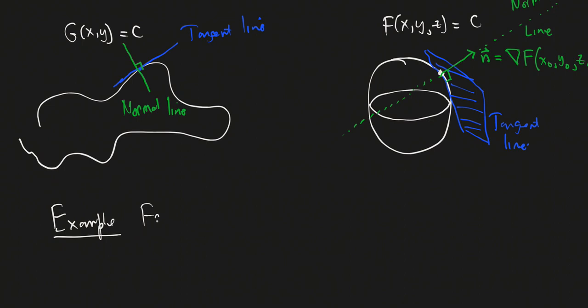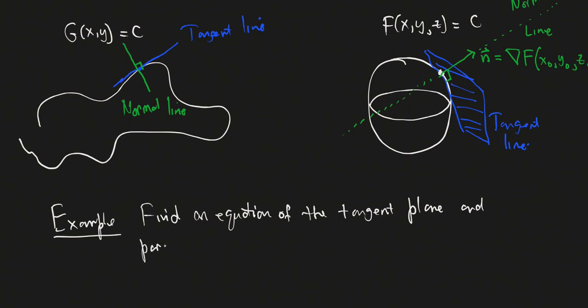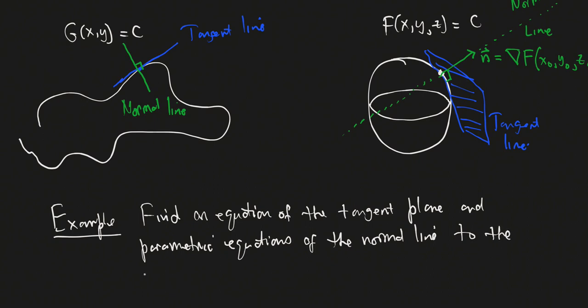And let's say find an equation of the tangent plane and parametric equations of the normal line to the surface, and let's say this surface is z equals, let's take something fairly simple, like x squared y, and then we want it at the point.